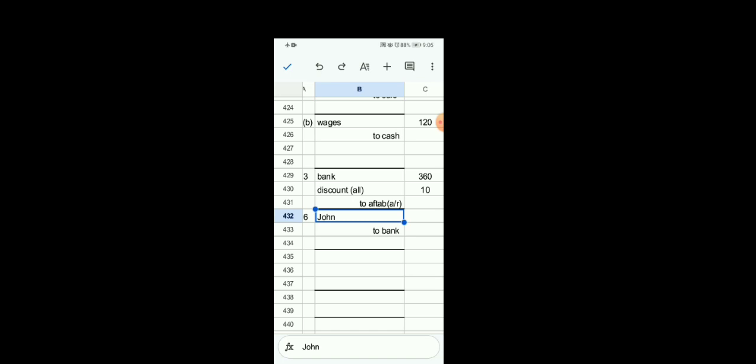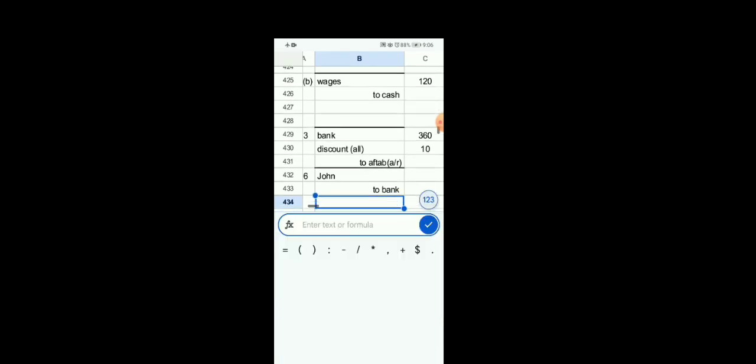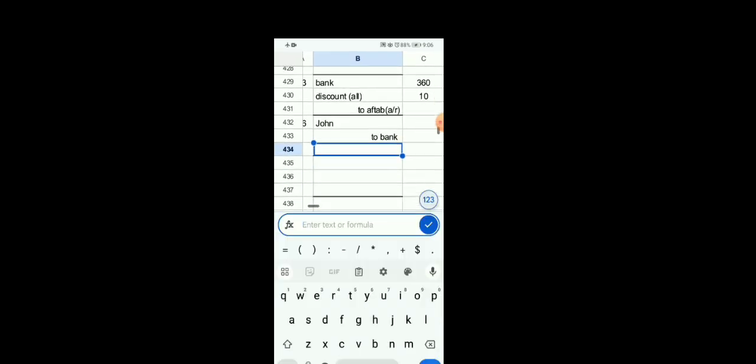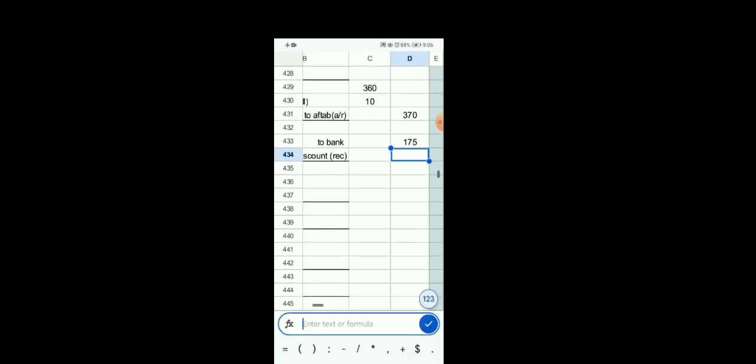It means he will permit, and we are going to pay less. When we are going to pay less, it means we are getting some favor. It is our income. That means we are receiving discount. Our creditor John had permitted us to pay less. That means we are paying less, we are receiving some discount. So you have mentioned over here the discount.